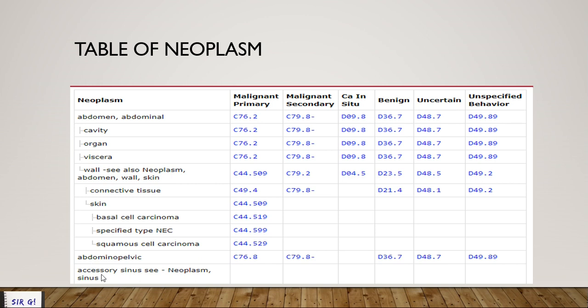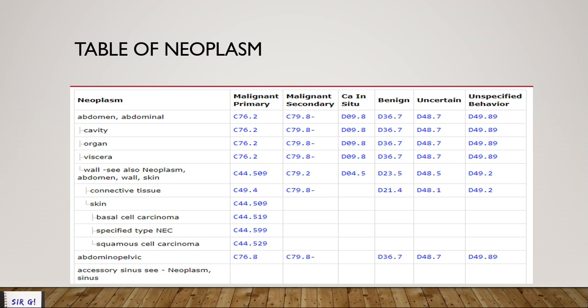abdominopelvic, and accessory sinus. So it is alphabetically arranged in your table of neoplasms, not cephalocaudal, but divided based on anatomical location and alphabetically arranged.